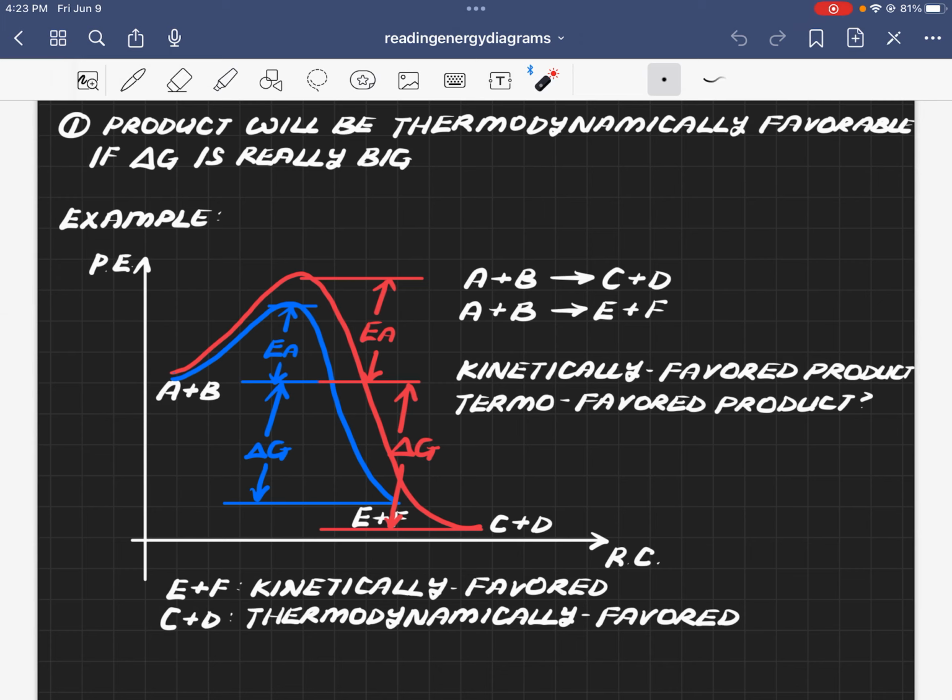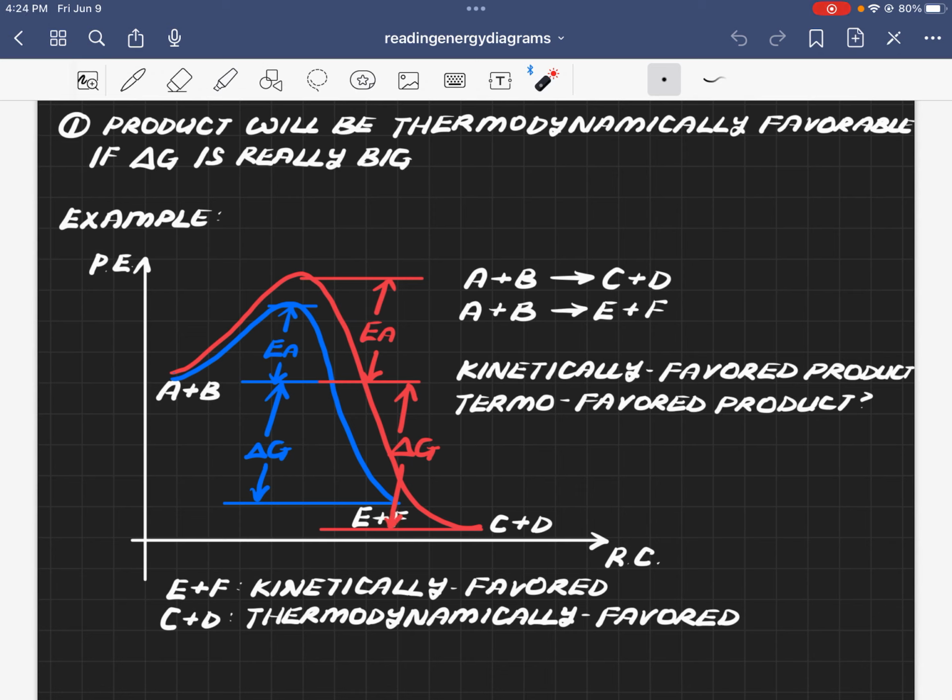So let's look at kinetically favorable products first, right? To determine the kinetically favorable product, we look at the activation energy. The blue curve has this activation energy, and the red curve has this activation energy. The activation energy here is much smaller than the activation energy here. So the formation of E plus F will be the kinetically favorable product.